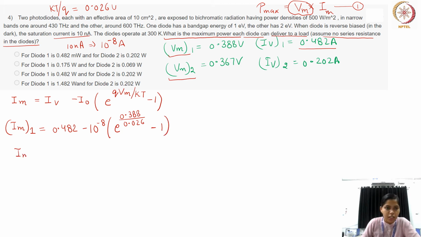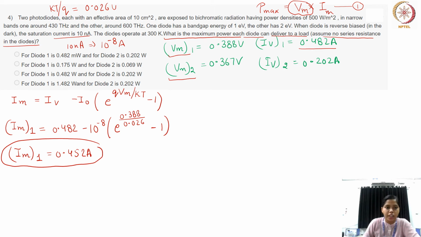This will give the maximum current through the first photodiode, which is 0.452 ampere.